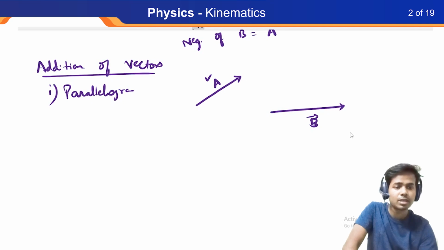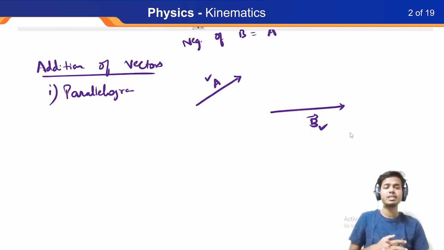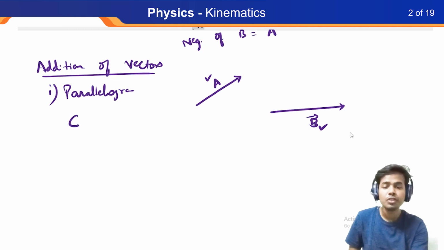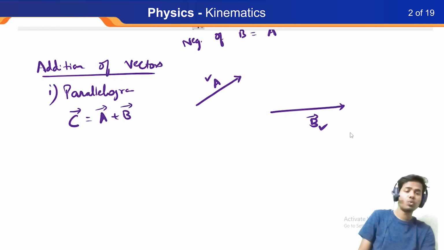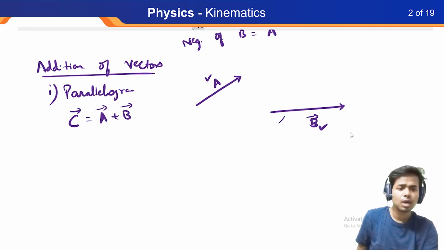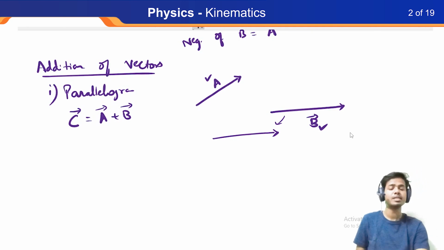There are two different vectors lying in different places, and what you have to do is produce a new vector which is nothing but the summation of these two vectors. For example, what if I make another vector which is exactly the same length and pointing in the same direction?